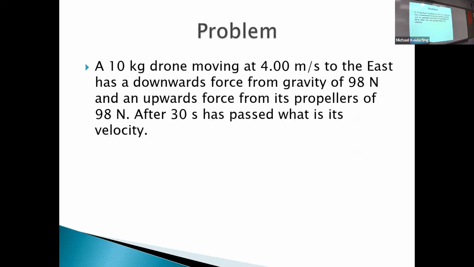So here, if you have a 10-kilogram drone moving at 4 meters per second to the east, has a downwards force from gravity of 98 newtons and an upwards force from its propeller of 98 newtons. After 30 seconds have passed, what's its velocity?